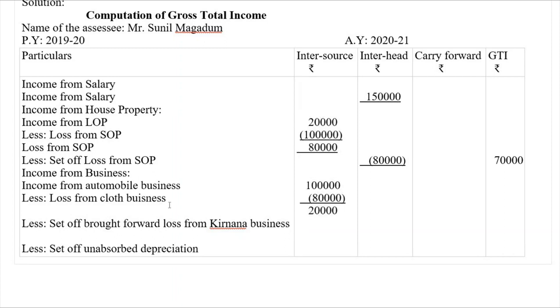So now let us make an adjustment here. So it is 5,000. Let me underline here. The difference remaining comes to rupees 15,000.